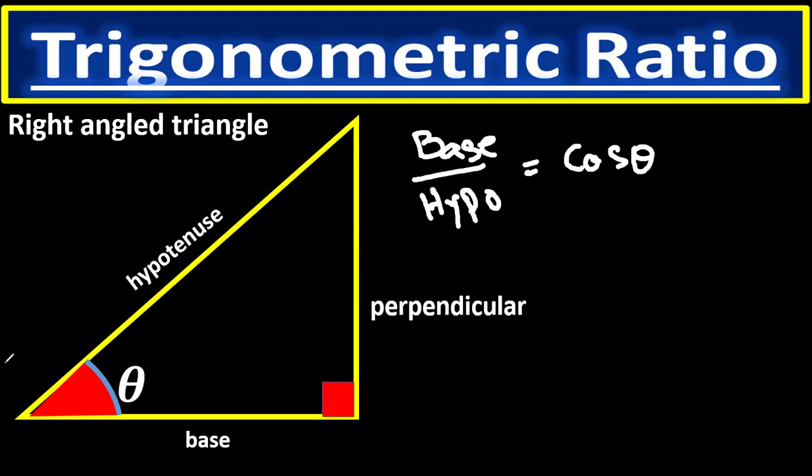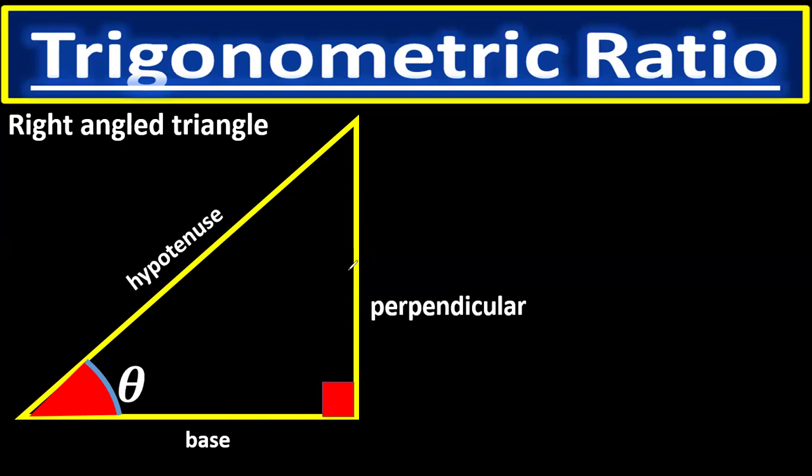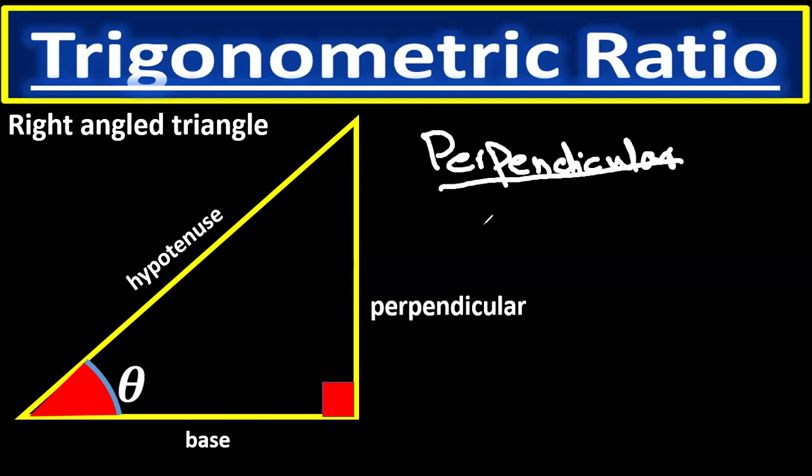Now the last one: if we consider the ratio of two sides, perpendicular over base, it is considered tangent theta. If we consider this ratio, perpendicular over base, then it is considered tangent theta.